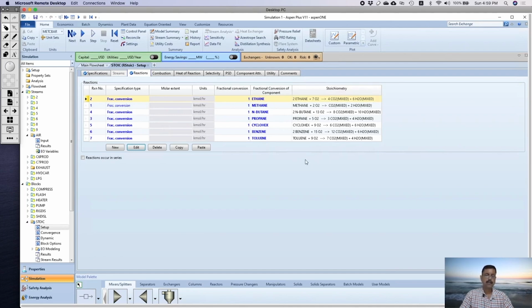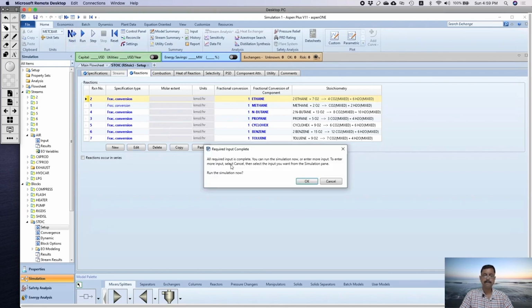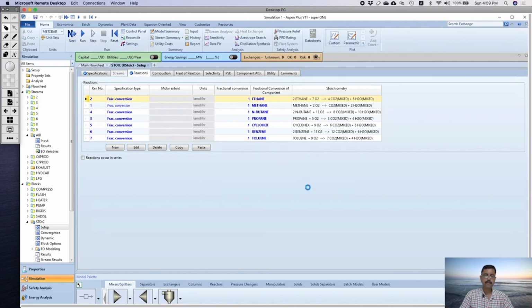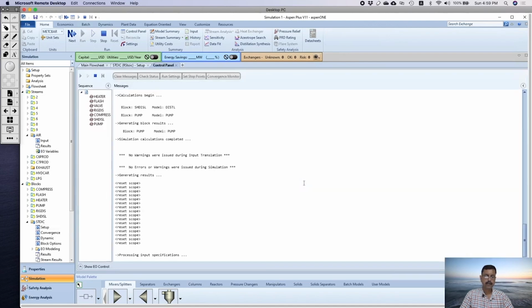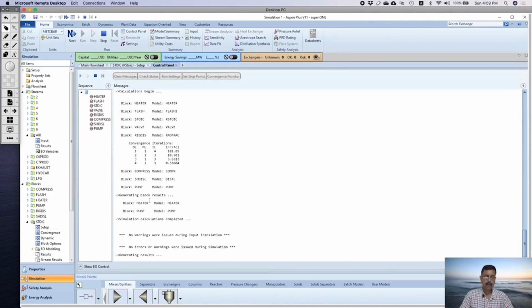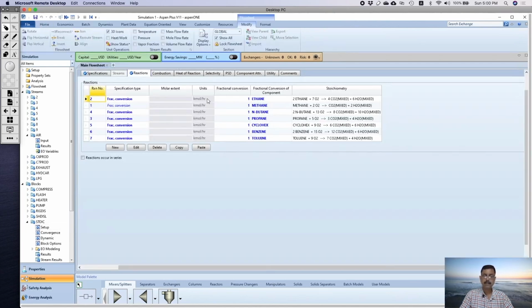Now everything is complete. Now next, let us run the simulation. Yes. So it is generating the result, no warning, no error. Let us see the result.